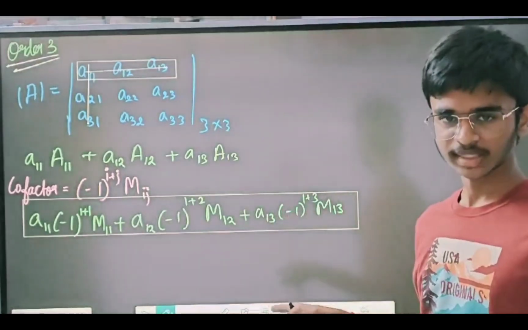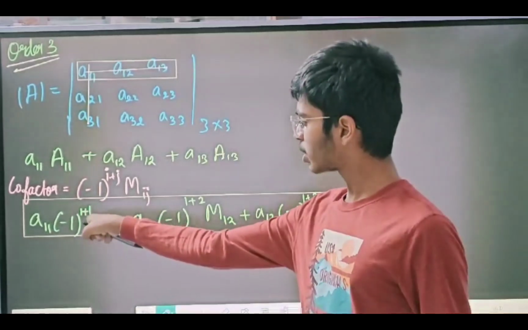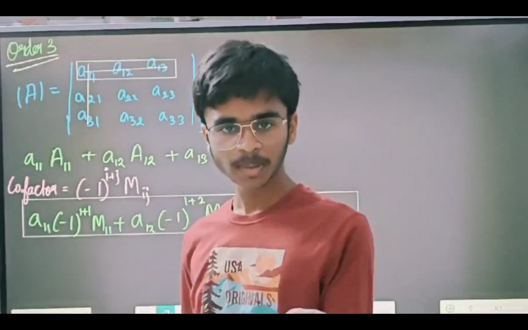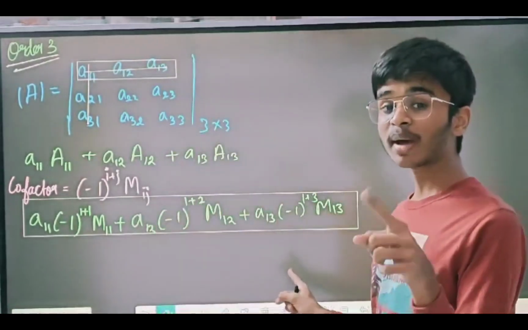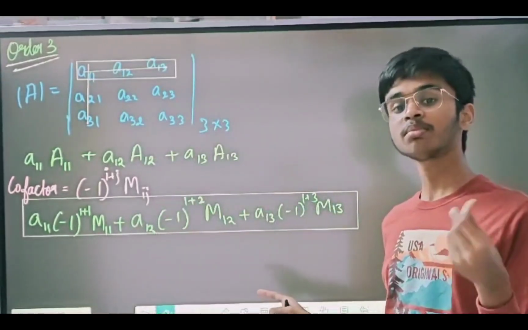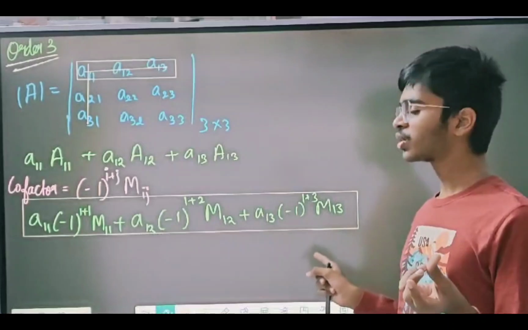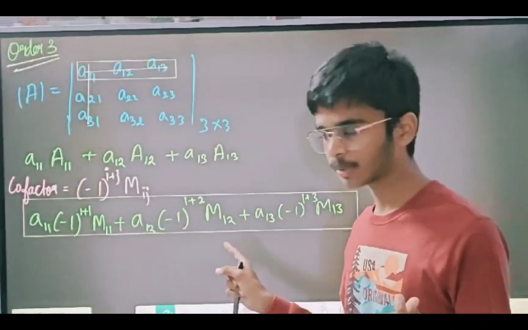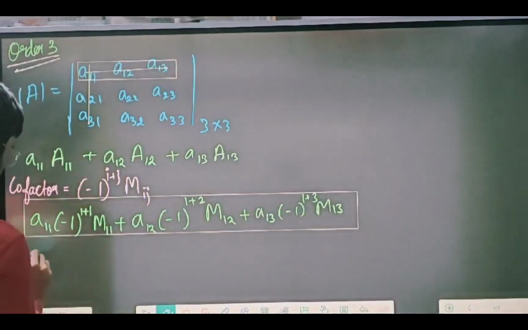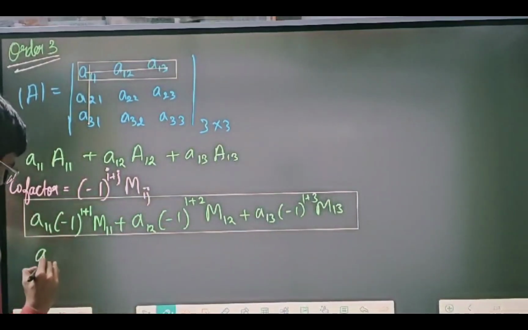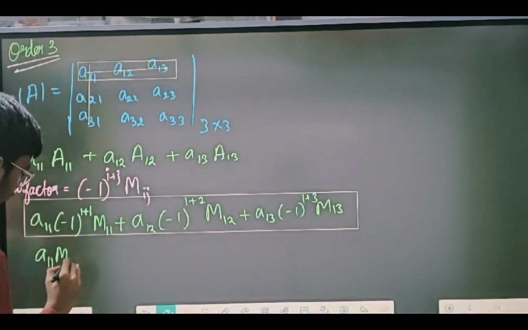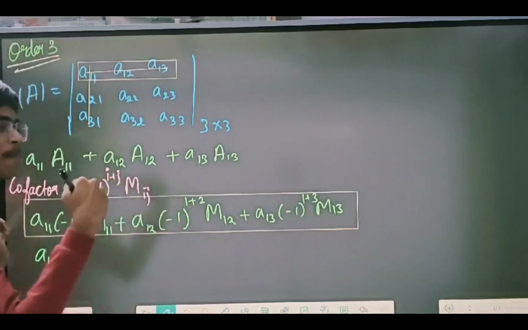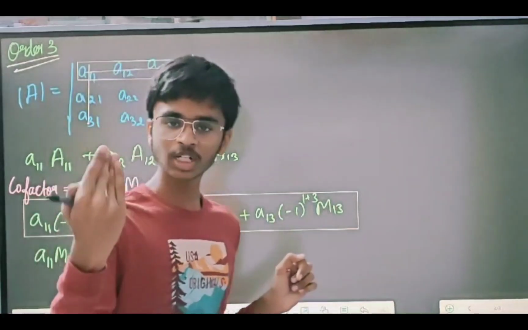Now we have done it like this. Now 1 plus 1 is 2, so minus 1 to the power of 2 is equal to plus 1. Here it is going to be 3, so minus 1 to the power of 3 is minus 1 itself. Here it is minus 1 to the power of 4, which is plus 1. So it's positive: a11 into M11, minus a12 into M12, since minus 1 to the power of 3 is minus 1 only.